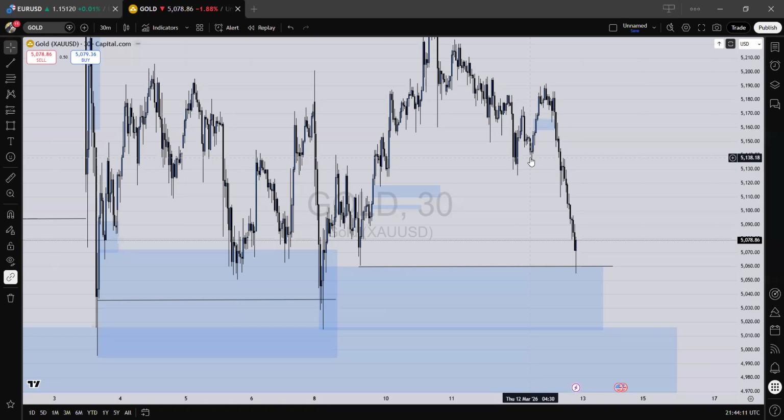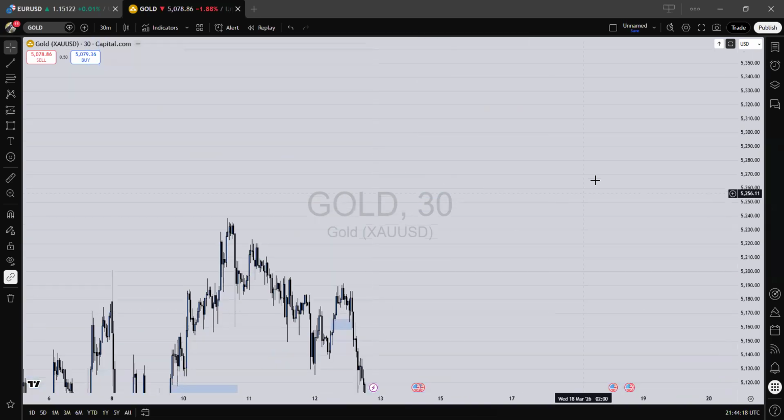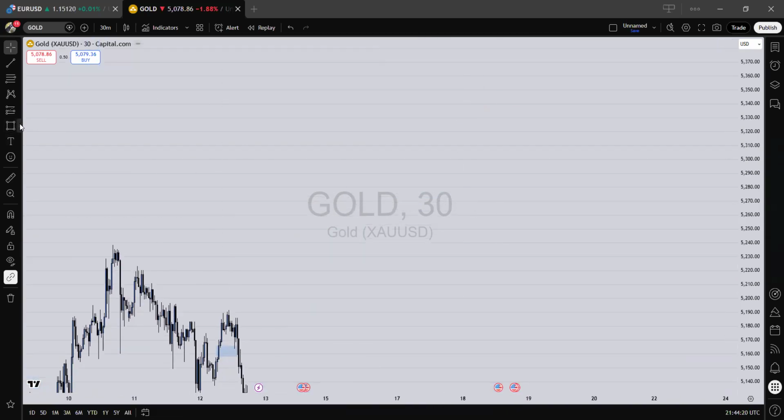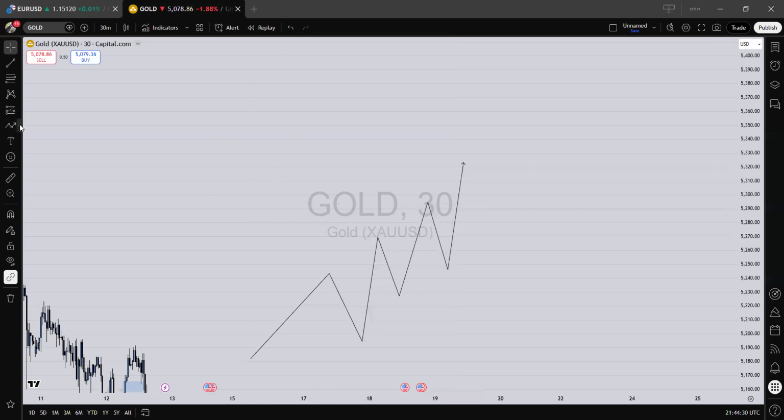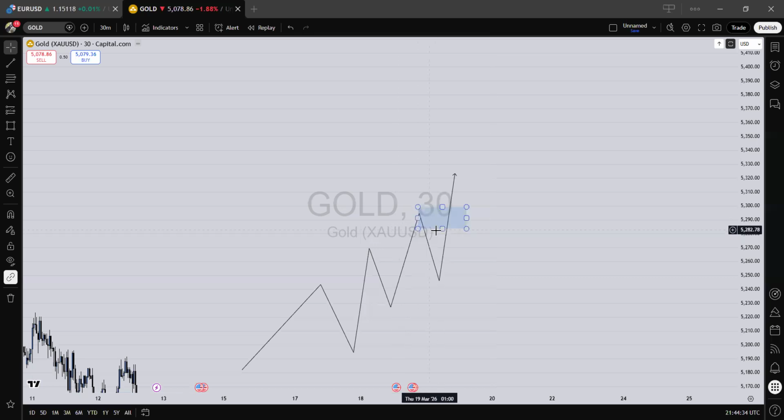I watched the video where you told us about the mitigation block, but I don't see understanding. Maybe you can explain more for me. I'm still confused about that mitigation block. For example, we have a bullish trend, all right? And then basically price uses a failed supply zone as demand.